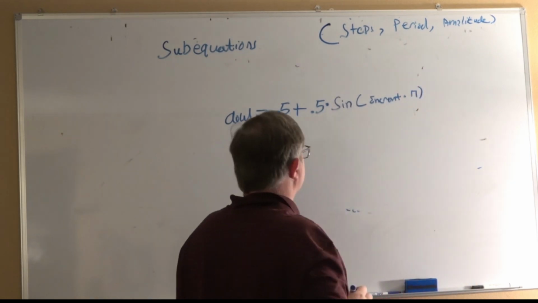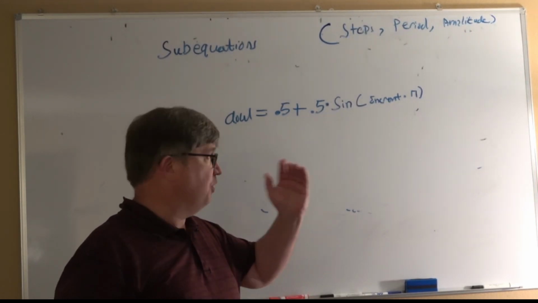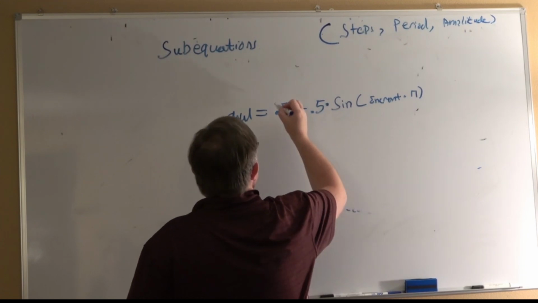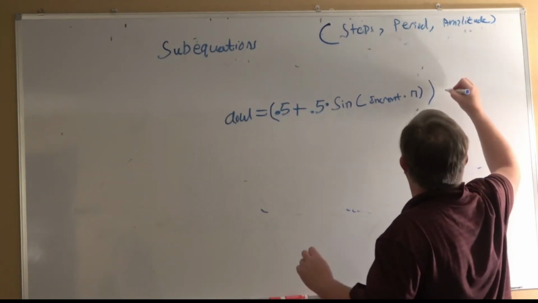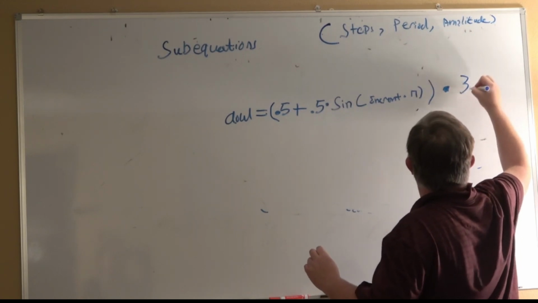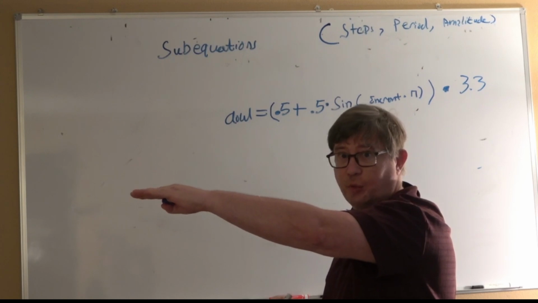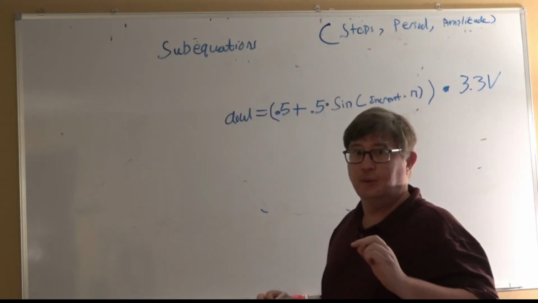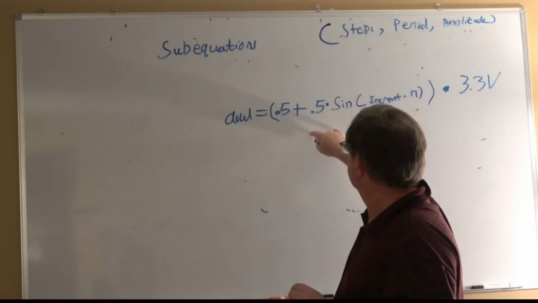That's what it's going to be. I showed you guys on the last video. It took me a while to understand. The computer is timesing this by 3.3 because that's the voltage coming out, 3.3 volts. You don't see that, so when we go to the code talk, we're going to talk about this.